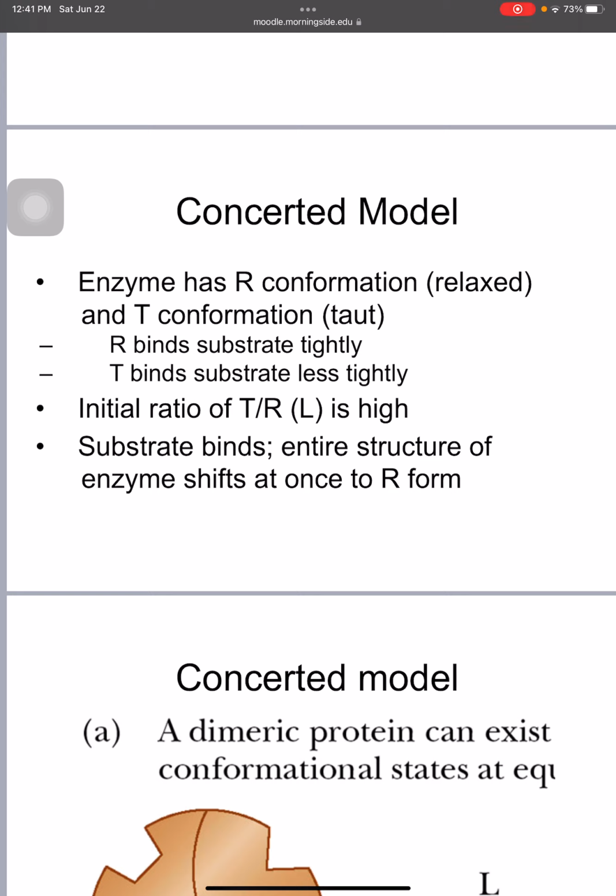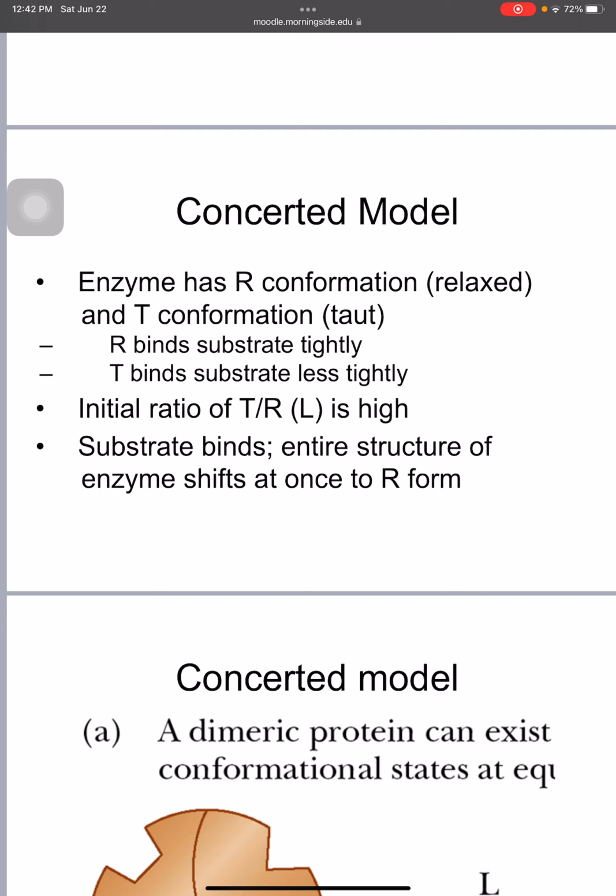And this is a little counterintuitive, so make a mental note here. The R binds substrate more tightly. That may not be intuitive since you associate R with relaxed, but relaxed is just referring to the conformation. It's not referring to how tightly it binds. So R has a high affinity for substrate. It binds it tightly. The T conformation has a low affinity for substrate. It binds it pretty loosely, if at all.